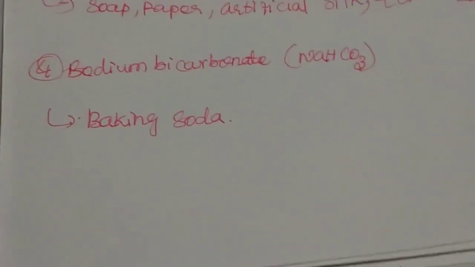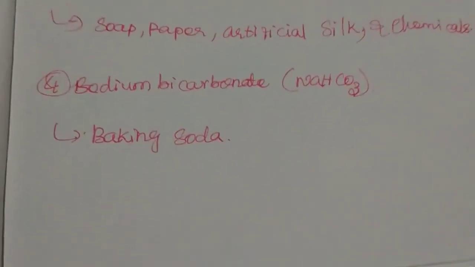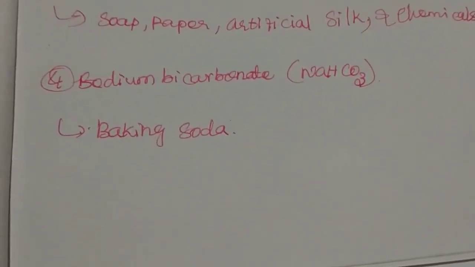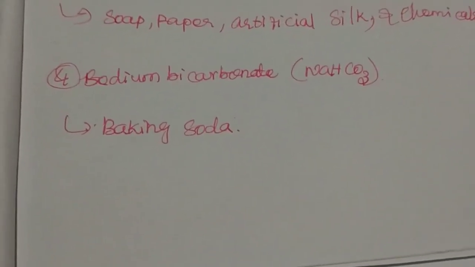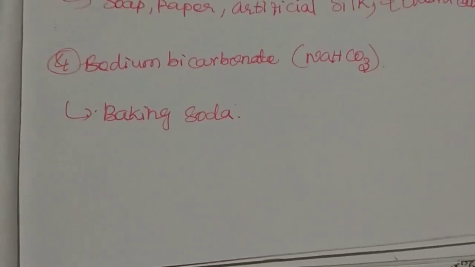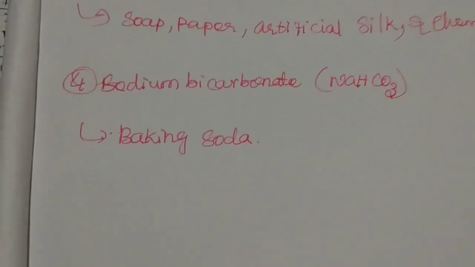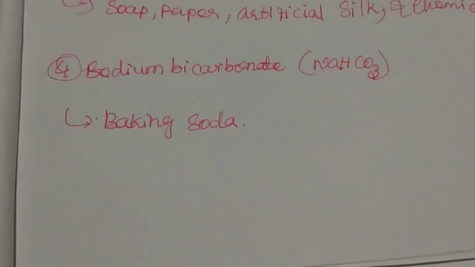This carbon dioxide gas produces bubbles in the cake, making it fluffy. Okay, so because of this, these cakes and pastries become more fluffy, light and soft.